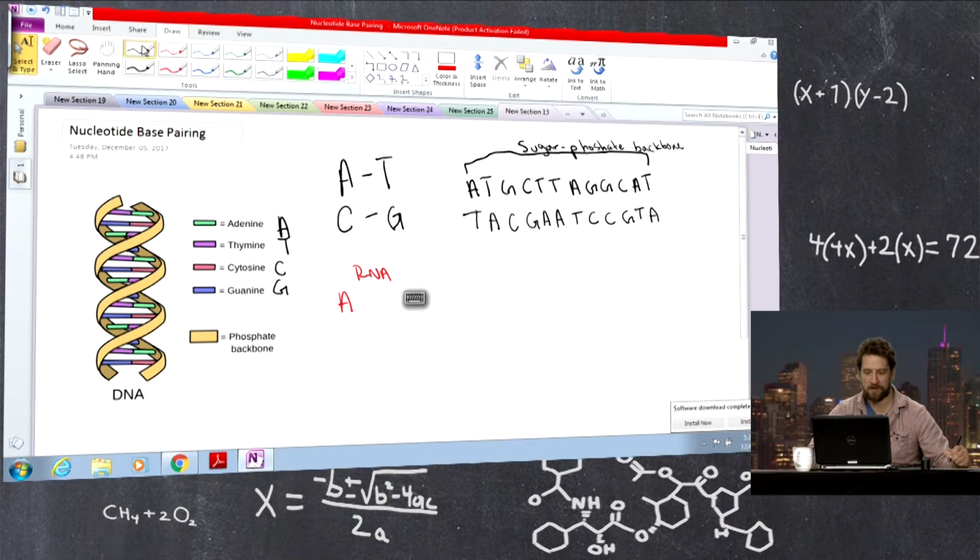If I had an RNA molecule, that RNA molecule has adenine. But in RNA, adenine will pair, instead of pairing with thymine, it'll pair with a chemical called uracil, a different nucleotide base, and cytosine will still pair with guanine.